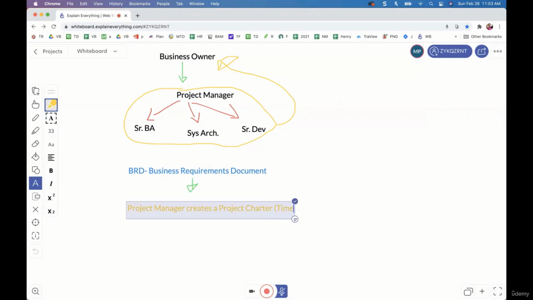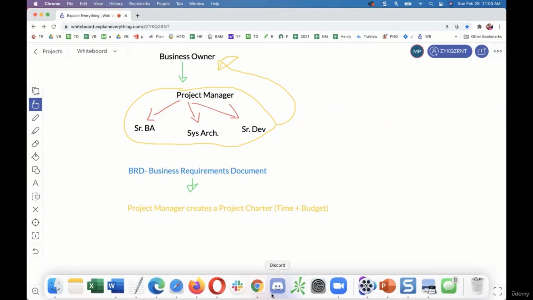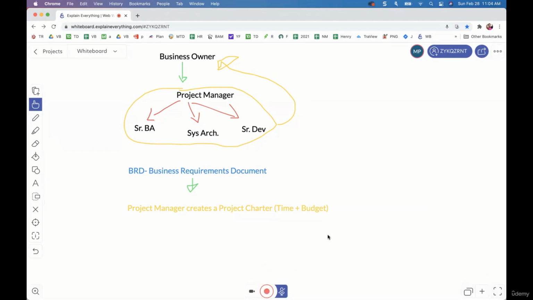It talks about how much time, how much budget will be needed to do this project. So based on the BRD, the project manager will run some numbers, run some formulas, and come up with an estimate for this.